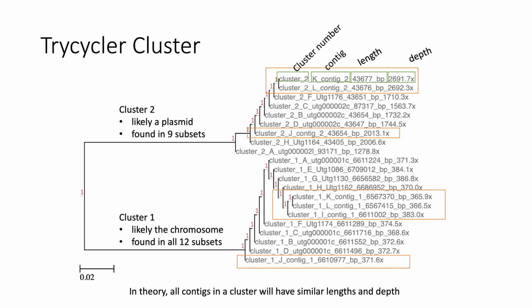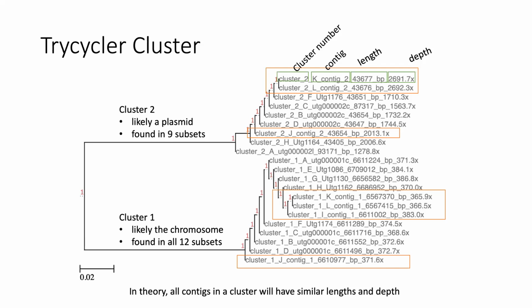So this orange box are all the results from the same assembler. Because of the reads that are given to the assembler and how the assemblers work, they don't necessarily give you the same answer for every input that you give it. So these orange boxes here are the same assembler. You'll notice that the assemblers sort of clustered together with similar sequences, but not necessarily.